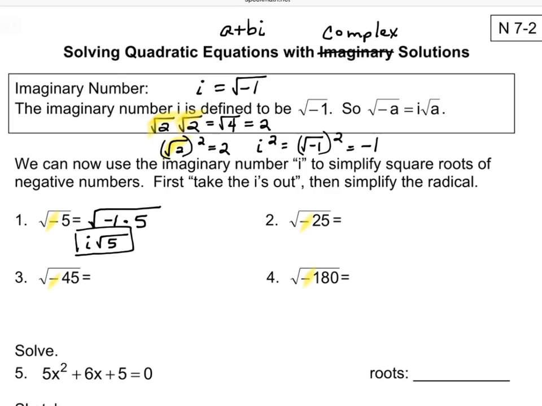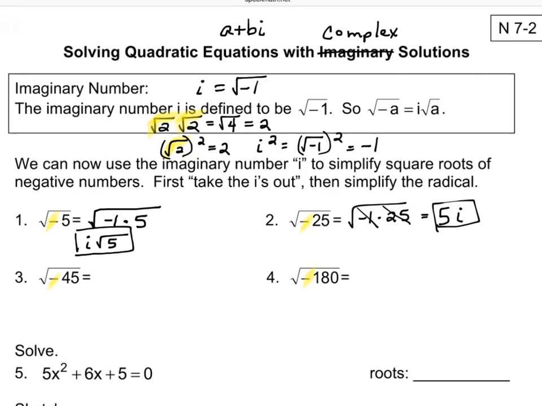So looking at number 2 here, that's the same as the square root of -1 times 25. Well, I can take the square root of 25, and that's 5. And the square root of -1 I use the symbol i for. So the square root of -25 is simply 5i.